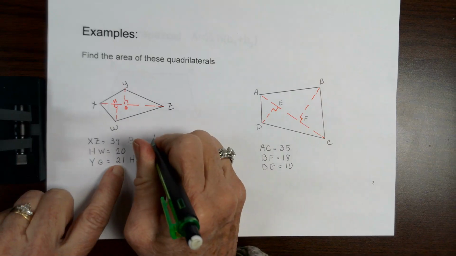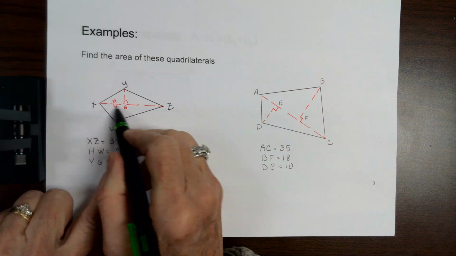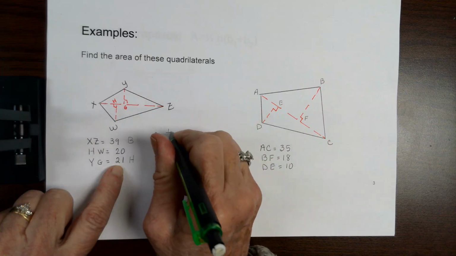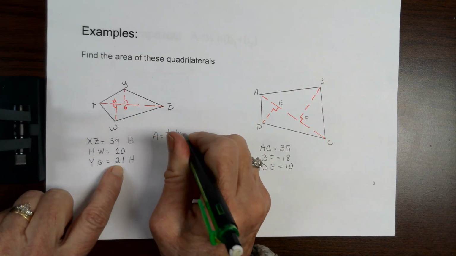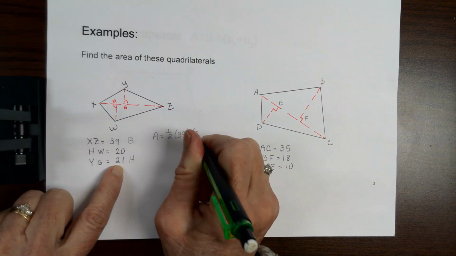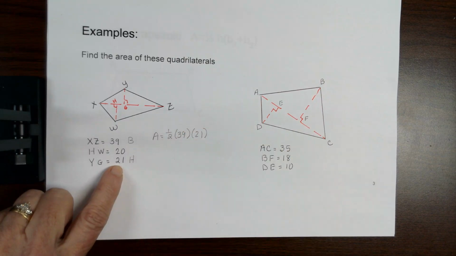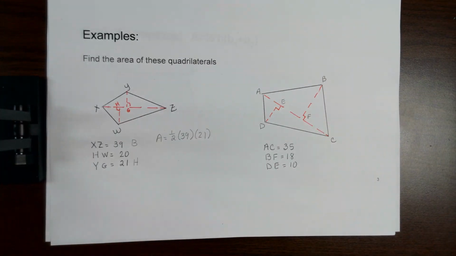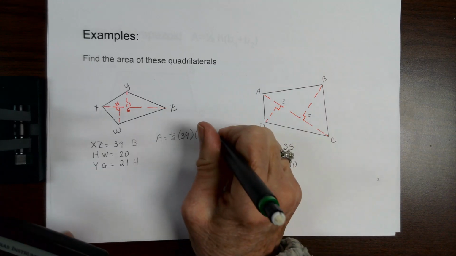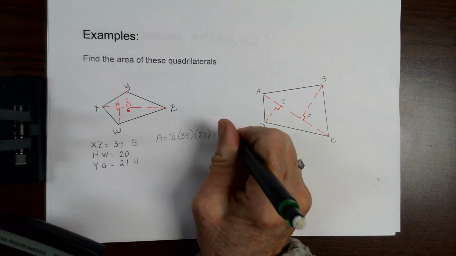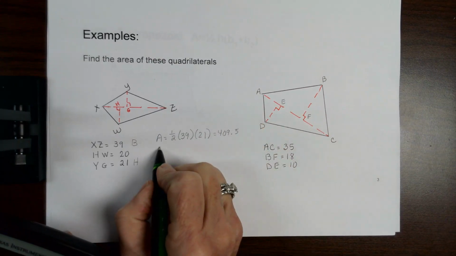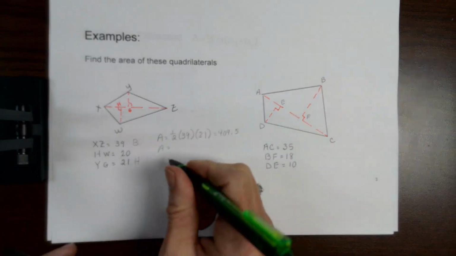So the area of the upper triangle is 1/2 times 39 times 21. If I do it out, 0.5 times 39 times 21 is going to give me 409.5.